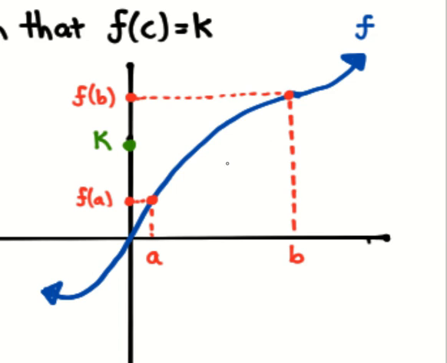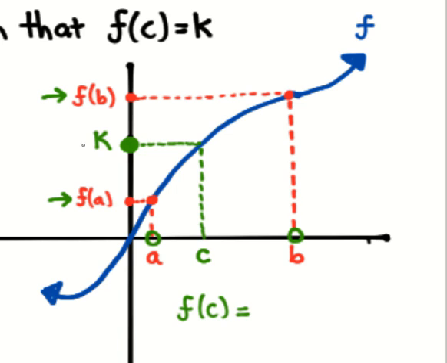And right here is a point K on the y-axis. Now because f of A is not equal to f of B, they're different values, and because the function's continuous on the open interval from A to B, then that means that there has to be some number down here on the x-axis, we'll call it C, such that f of C is equal to the value of k on the y-axis.